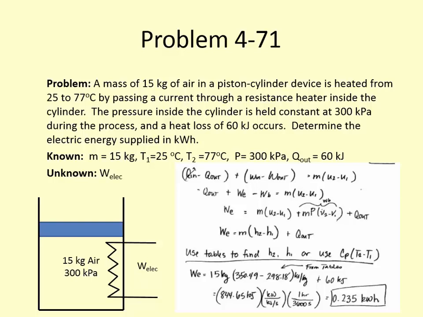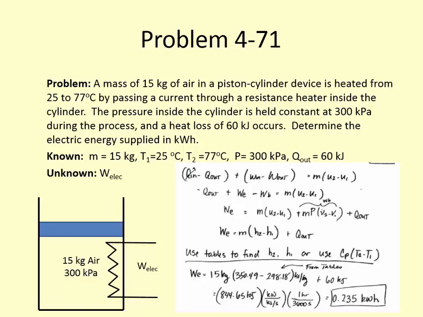The boundary work for a constant pressure process, we remember from previous examples, is just the pressure times (V2 minus V1) multiplied by the mass. We can move that over to the other side of the equation and combine terms so that we have m times (h2 minus h1), because h is equal to u plus Pv.